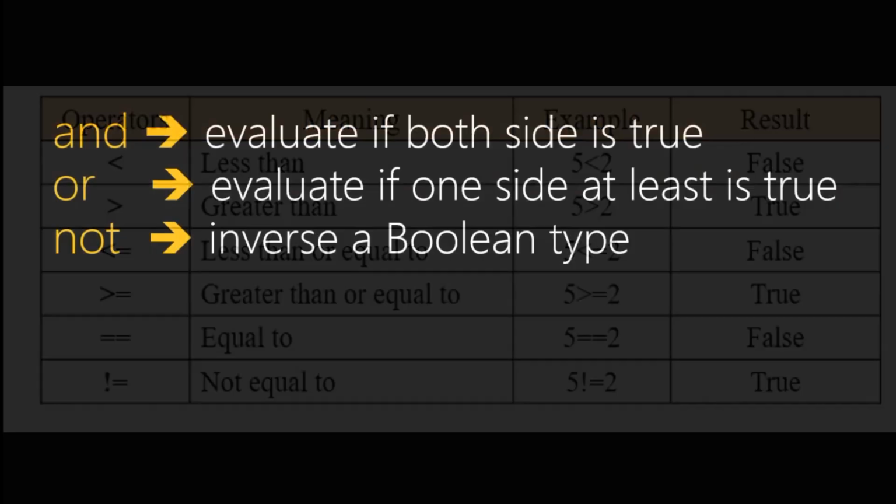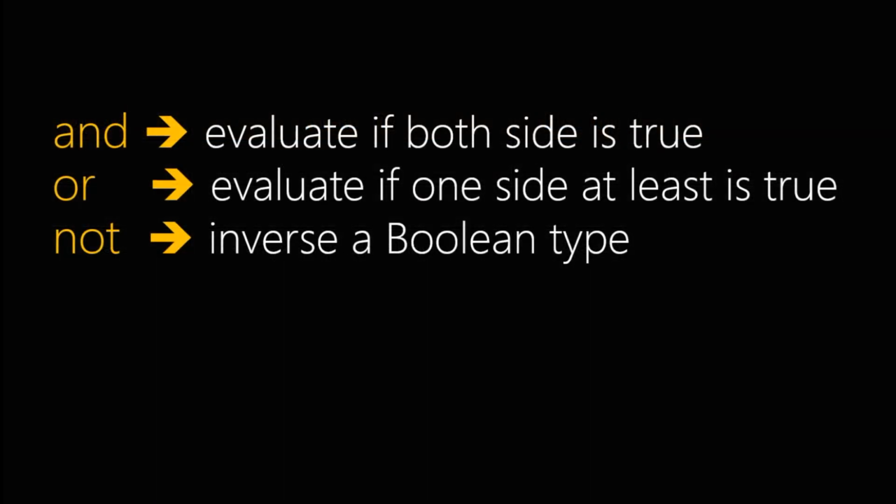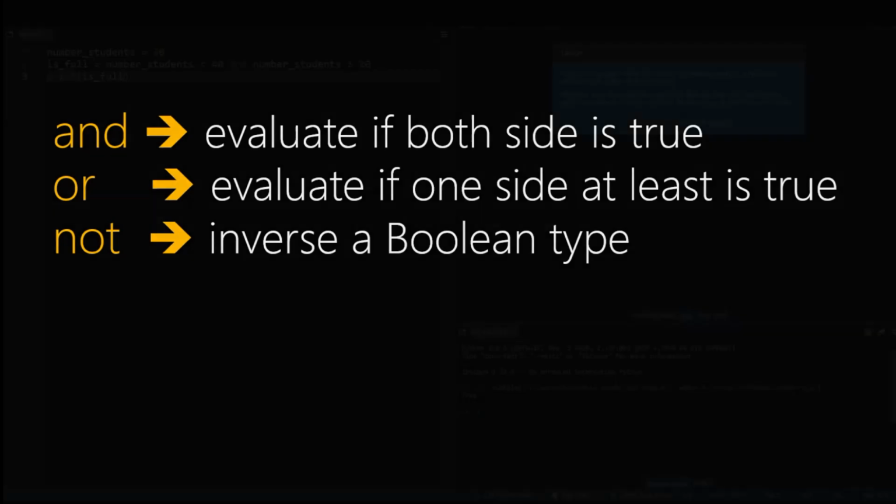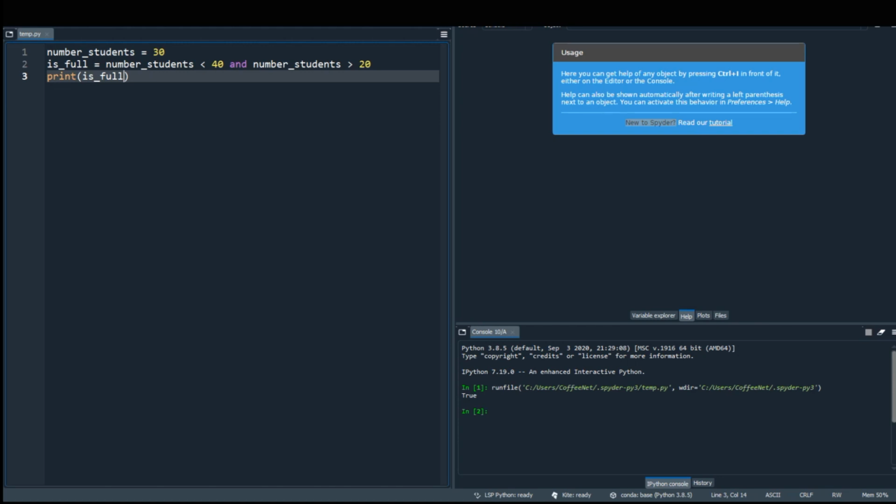In addition to comparison operators, these logical operations are very useful when working with Boolean values: and evaluates if both sides are true, or evaluates if at least one side is true, not inverses a Boolean type. Here is an example. The number of students is less than 40 and higher than 20, so the result will be true because the two conditions are true.